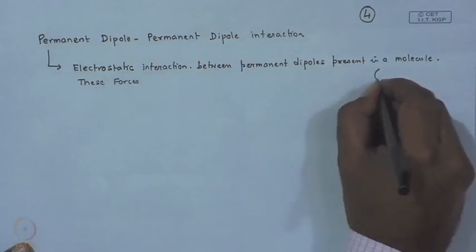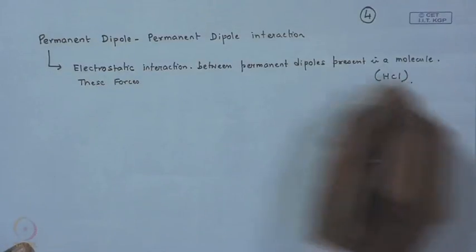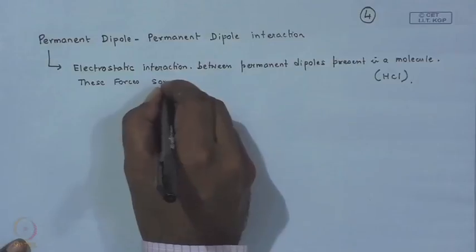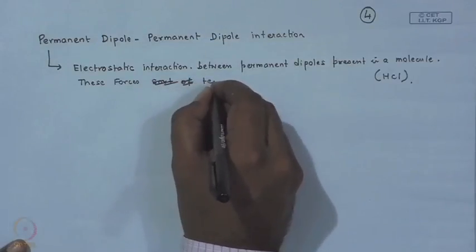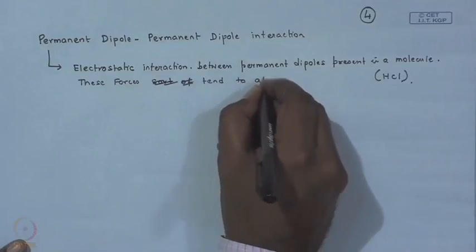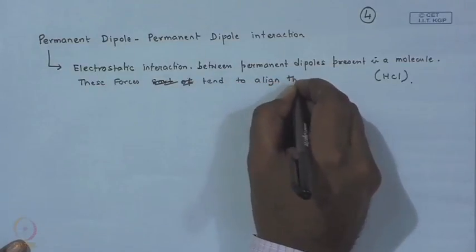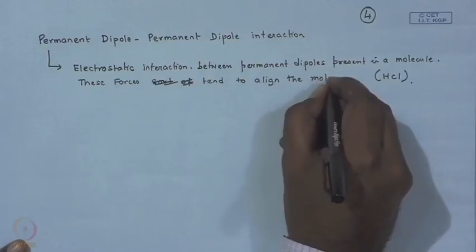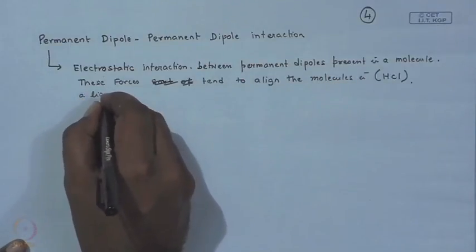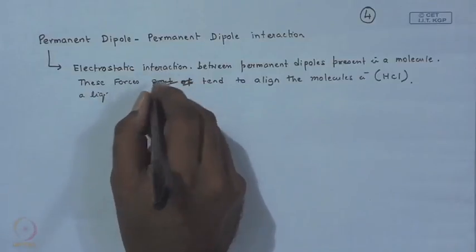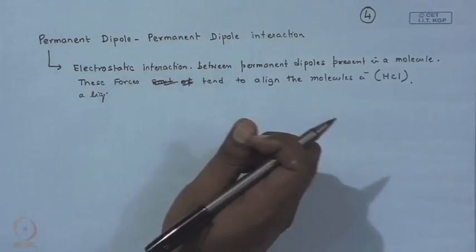So, some molecule, an example can be, let us say, a molecule like HCl. These forces tend to align the molecules to increase the attraction.